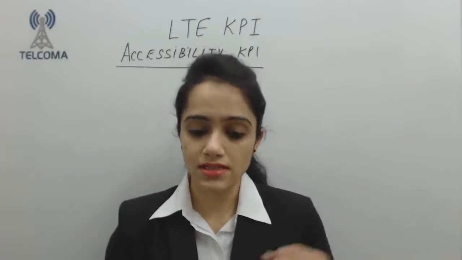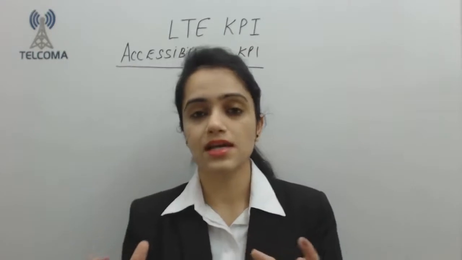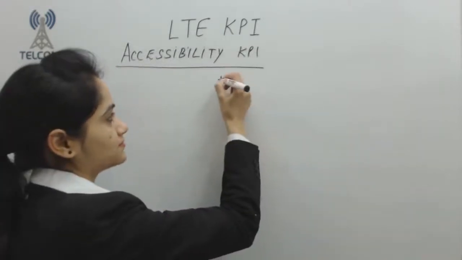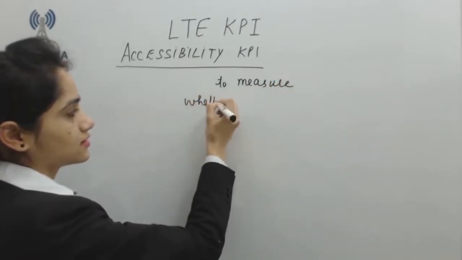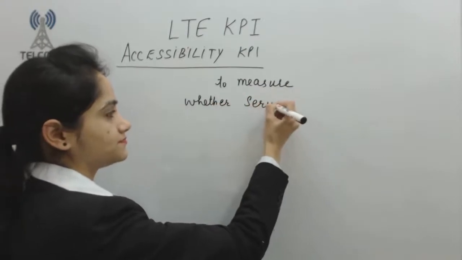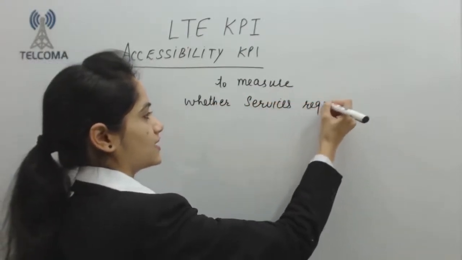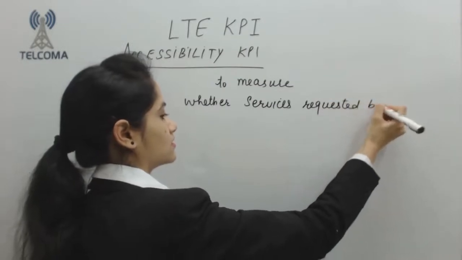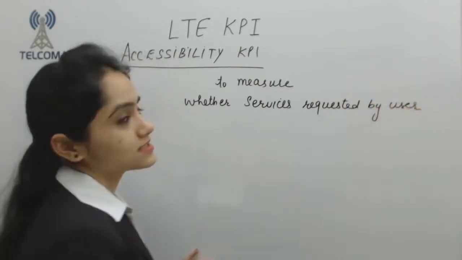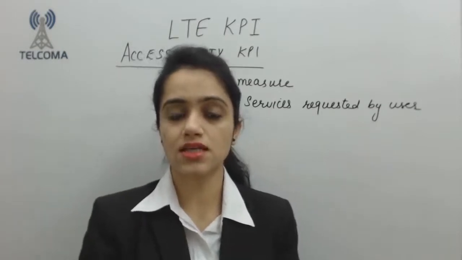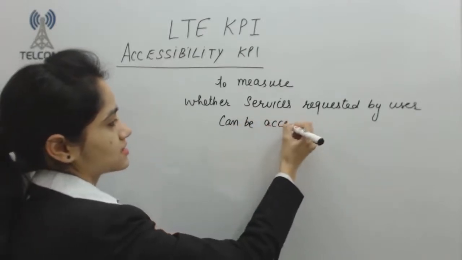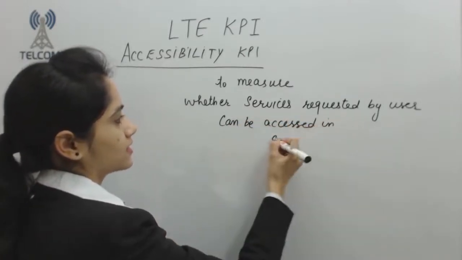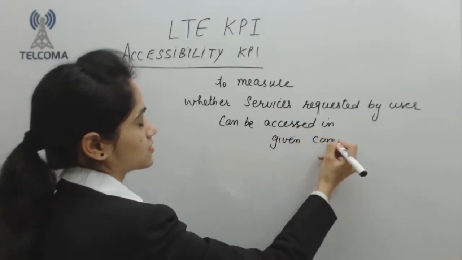Accessibility KPIs are used to measure whether the services requested by the users, whatever services I have requested, can be accessed in a given time or not, in given conditions.